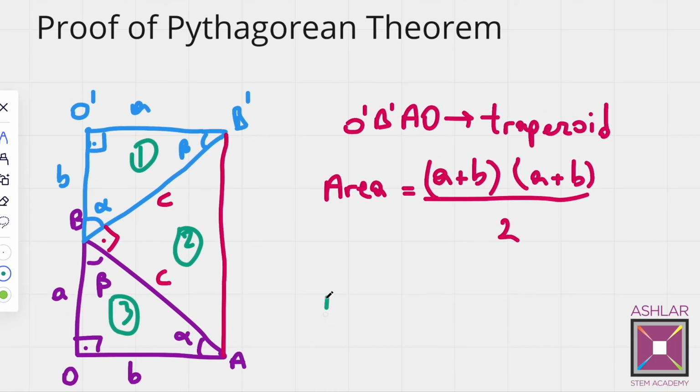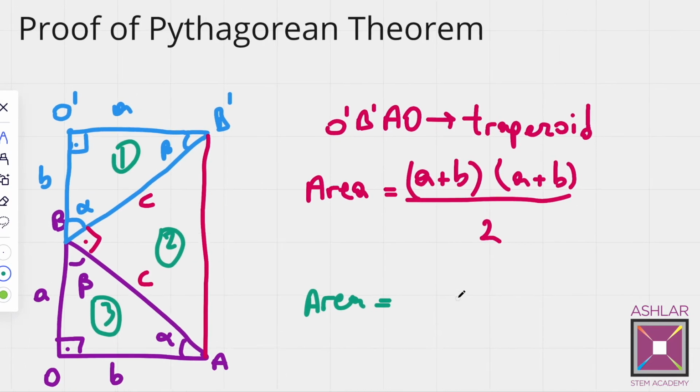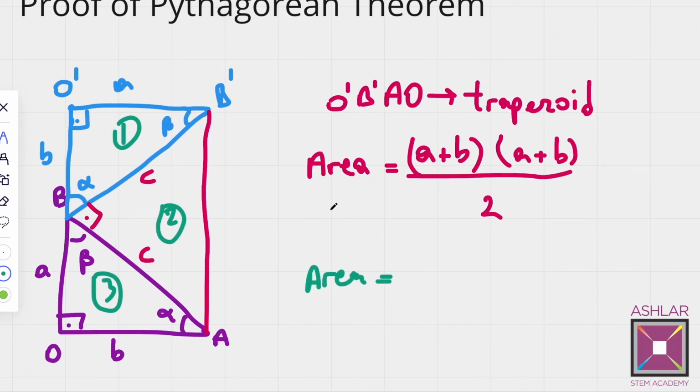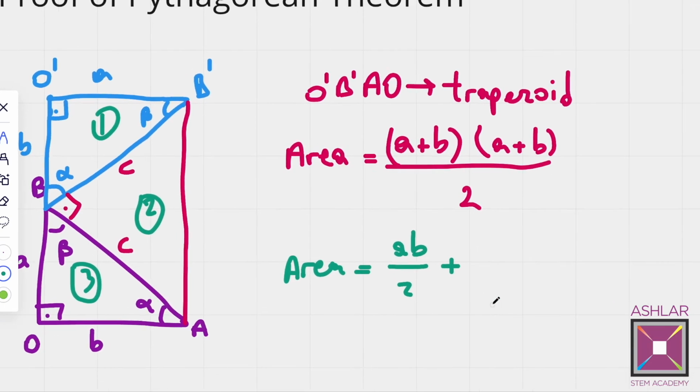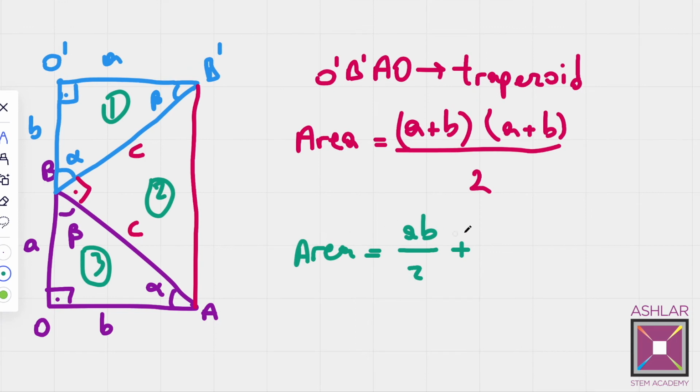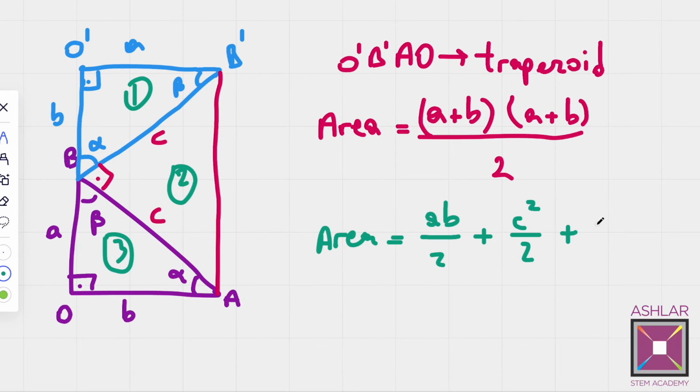So this area should be also equal to the area of the first triangle, which is A times B divided by 2, plus C times C divided by 2, so C squared divided by 2, plus A times B divided by 2. This is the area of the third triangle. Here we go.